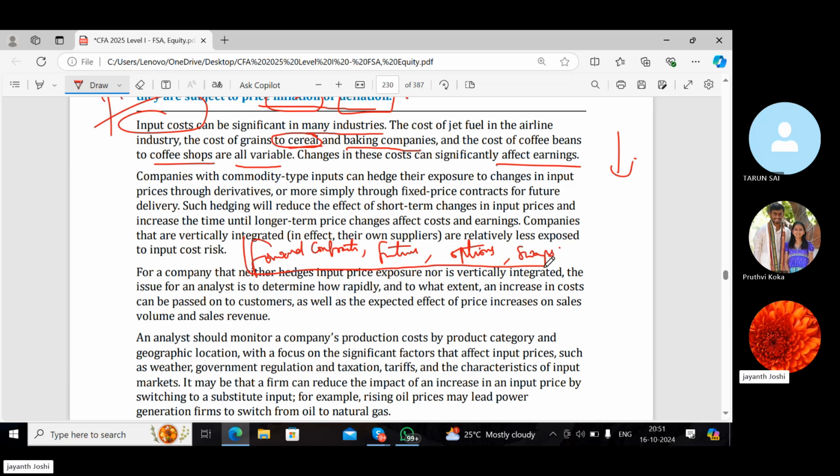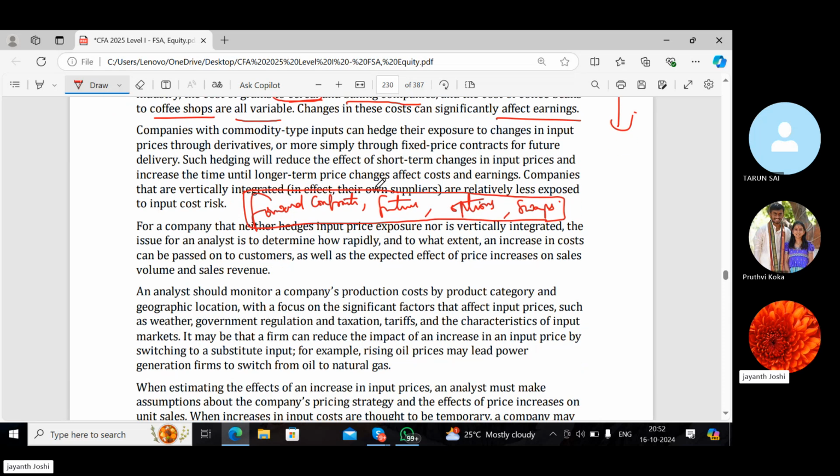These are the ones which can help a particular person protect themselves from any kind of increase in the prices of certain commodities with which they deal, or which they want to buy in the future, and they have a fear that the prices of those commodities are going to be very high.